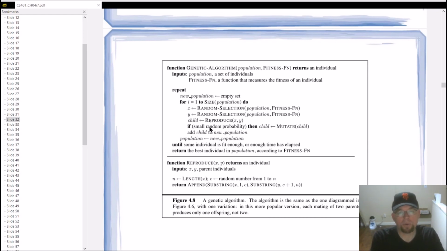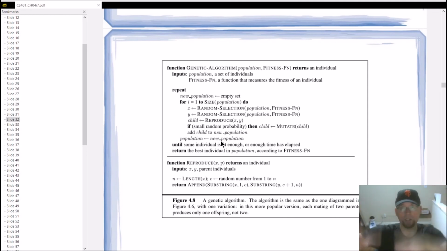Once you've gone through and paired off everybody, everybody's done doing the nasty, then your new population is done being generated and they supplant the old population. So the original population is gone now. They're overwritten by the new population. So it's just like with the hill climbing algorithm, where you start off with an initial node, figure out who all the possible successors are, pick the best one, and then the best one became the new node, and we tossed the old one, and then repeated it.